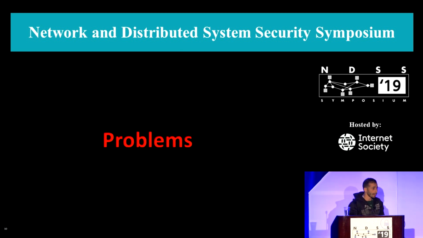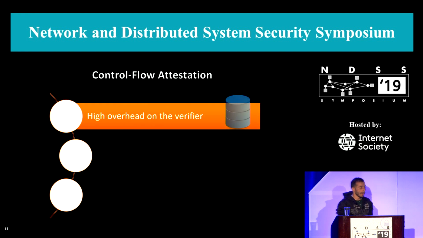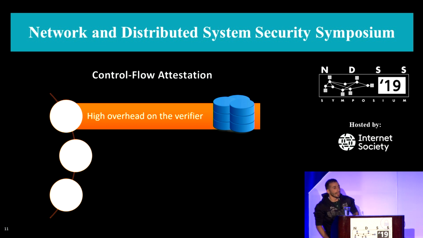However, there are multiple problems with control flow attestation. The first problem is that it has a really high overhead on the verifier, which is required to maintain and search a very large database of expected execution paths. So if you have a big program, you'll have an even bigger execution path.